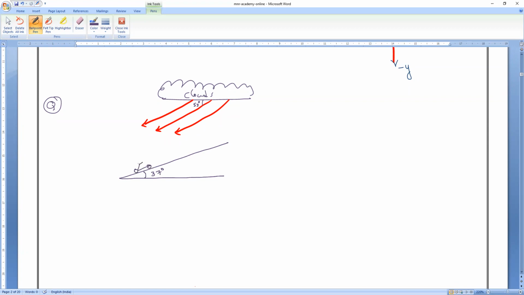So observe very carefully. Now one girl is riding a bicycle.